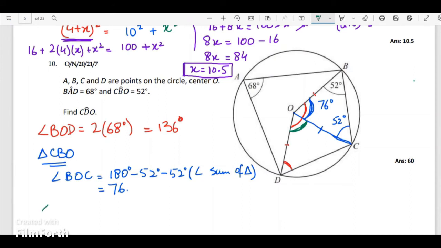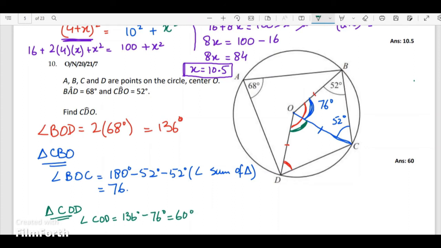That would be angle C. Basically, this is now in triangle COD. So angle COD would be equal to 136 degrees minus 76 degrees, and the answer is 60.